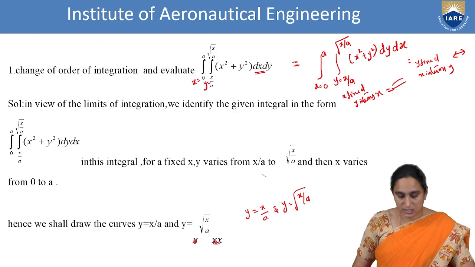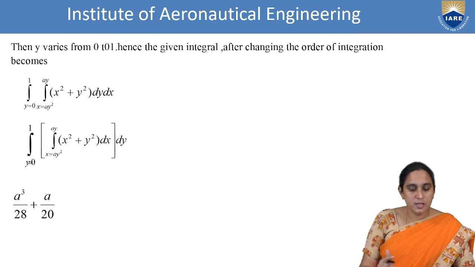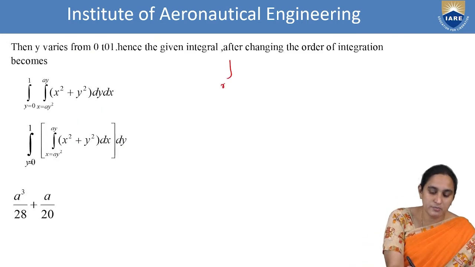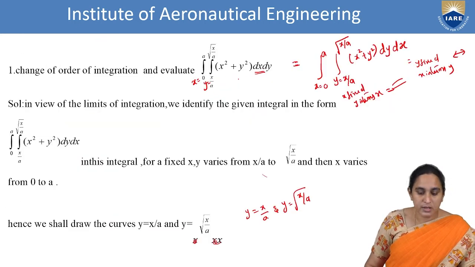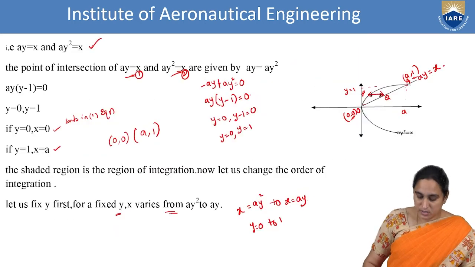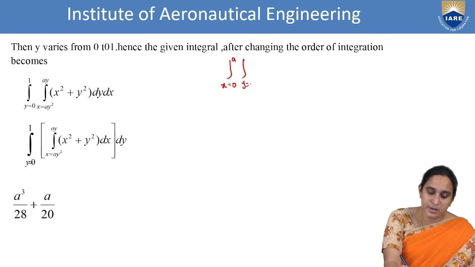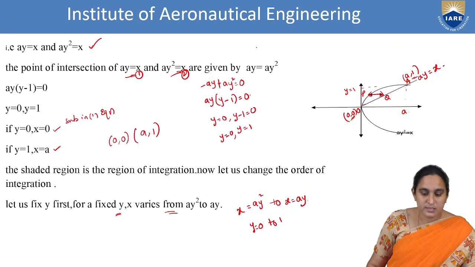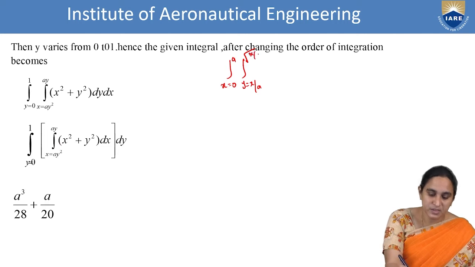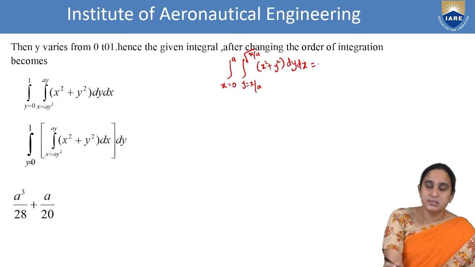Now once again I'll write the given question: integral of x from 0 to a, and integral of y from x by a to root x by a, of x square plus y square dy dx. This is the question.